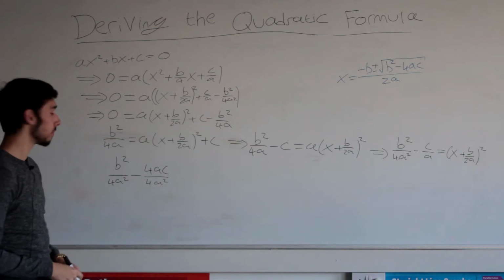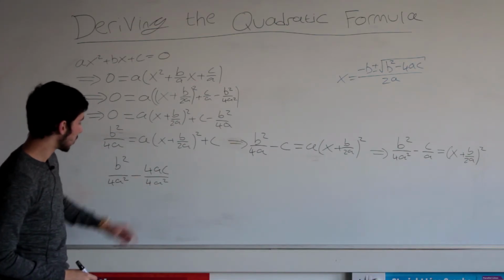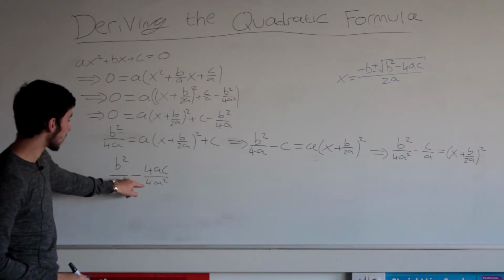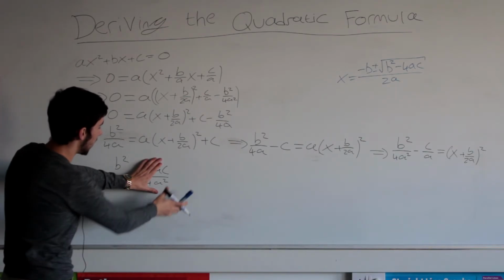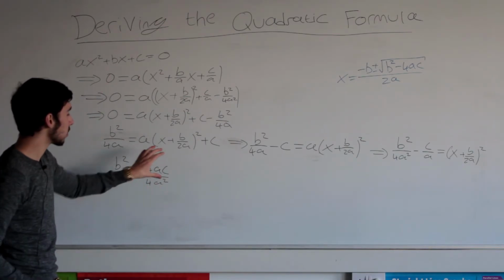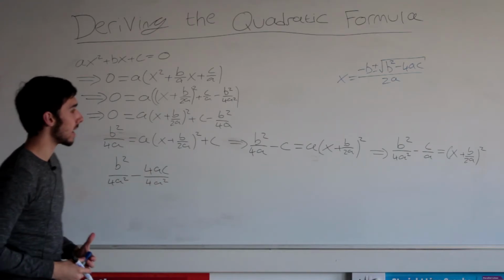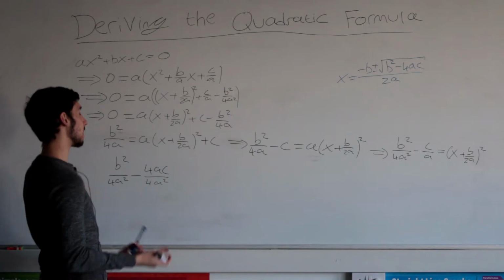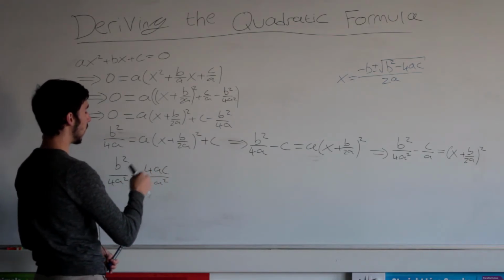Now, why would we do that? Because look, some of those a's cancel out. One a cancels out with that a. The 4's cancel out, and you just get left with c over a again. So that will simplify to c over a, which is there. So c over a is the same thing as 4ac over 4a squared.